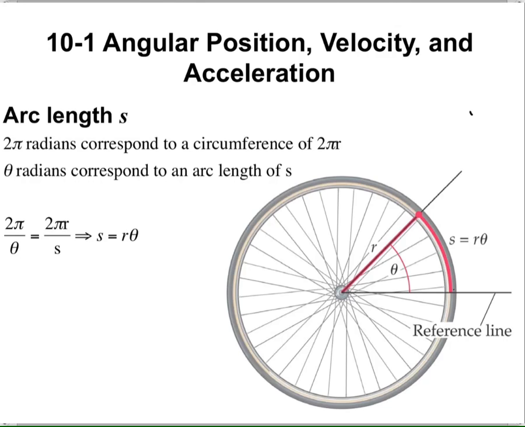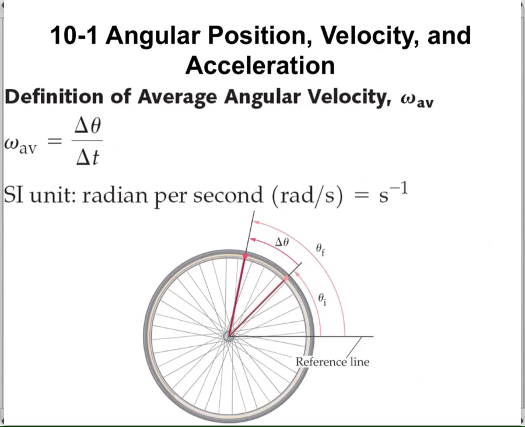When you're calculating the arc length S, you have to use radians, because one complete circumference of a circle of radius r is 2 pi r, and 2 pi is in terms of radians. So you have to make this difference. S is called the arc length.